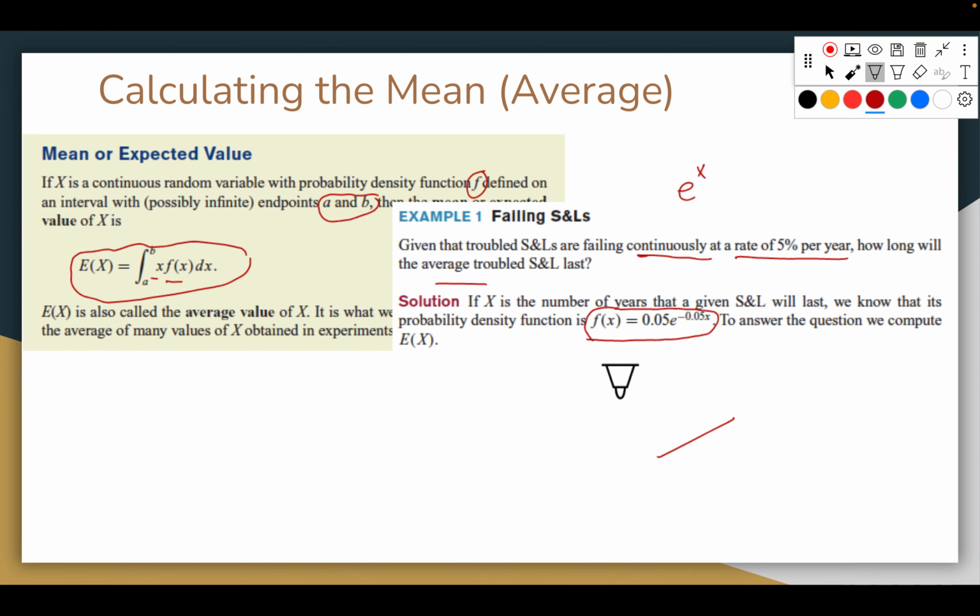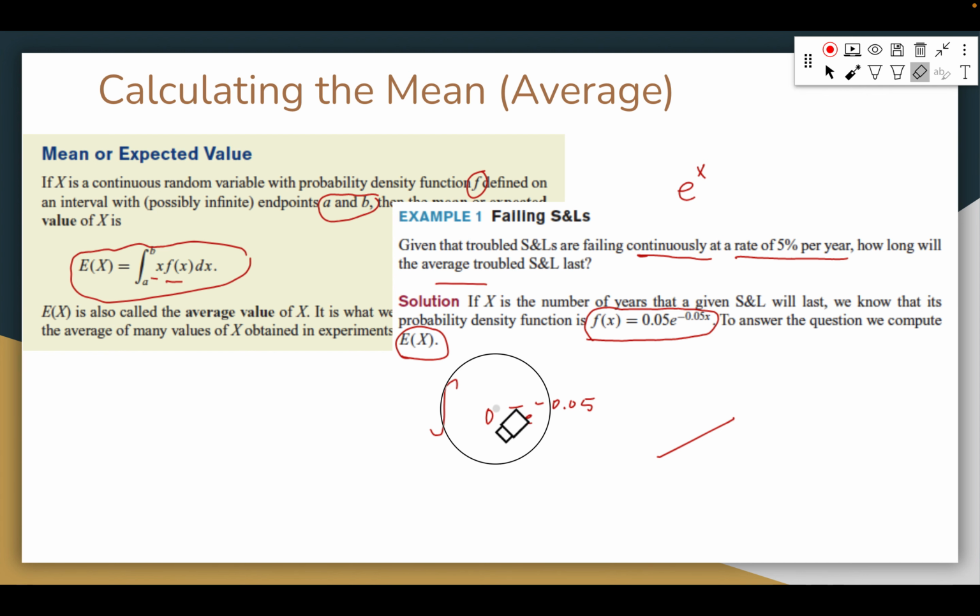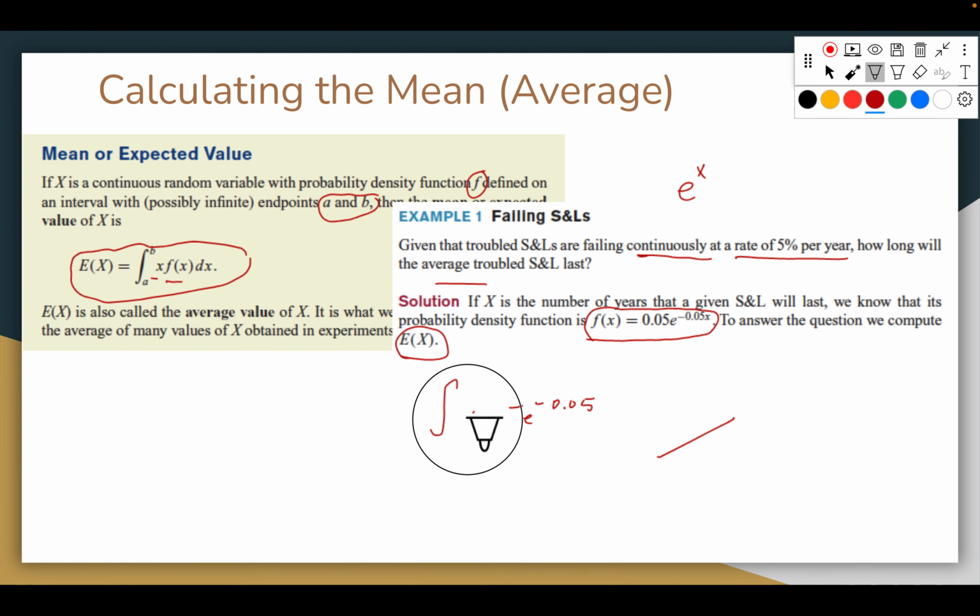Okay, so back to the problem. If we want to find the expected value, all we have to do is take this integral, 0.05 e to the minus 0.05 x. Oh, sorry, that's 5%, 0.05.